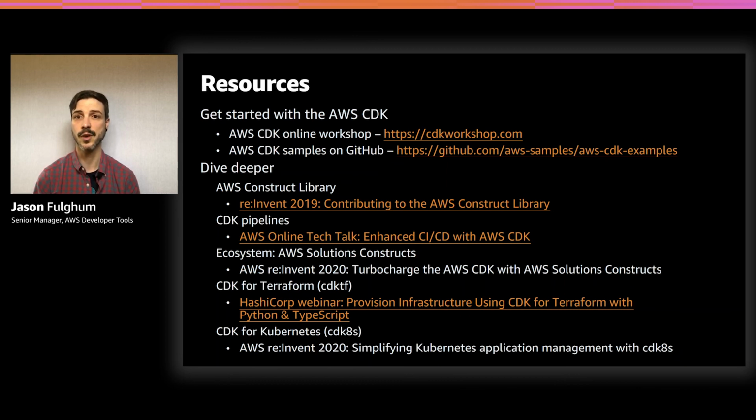It's a great place to get your hands on the code and experience the CDK. After that, there's a lot of great samples in the AWS CDK examples repo. I think that's really the best way to learn CDK, getting your hands on the code and experiencing it yourself. And then for everything that we talked about in the different sections of this session, there's webinars and re:Invent sessions and other deep dives where you can go to learn more.